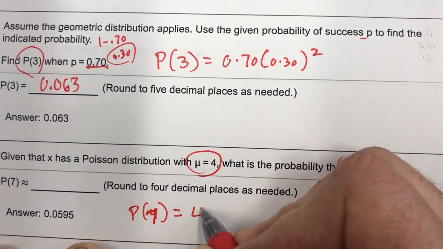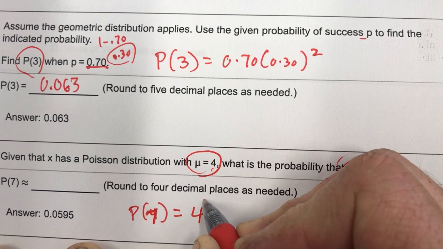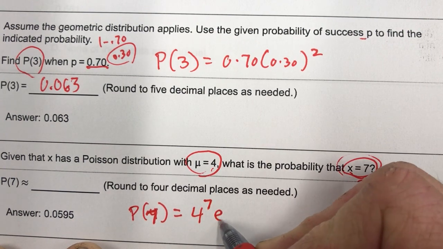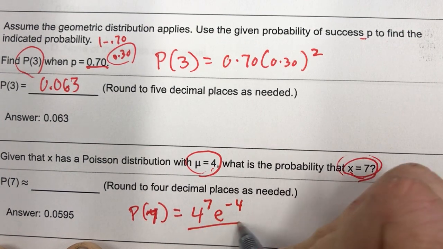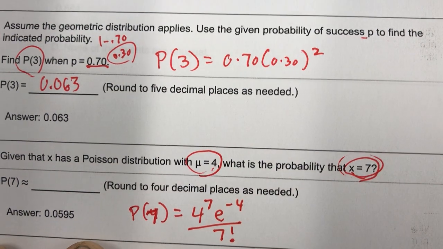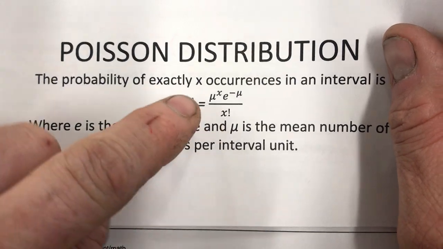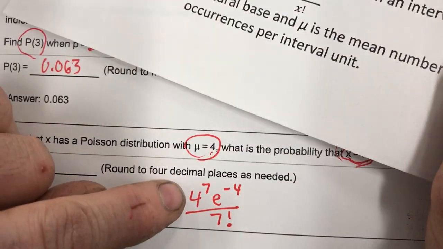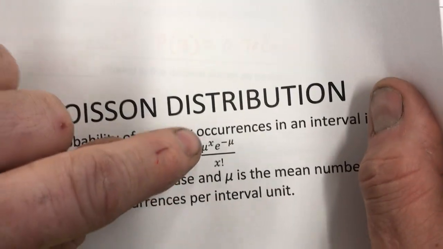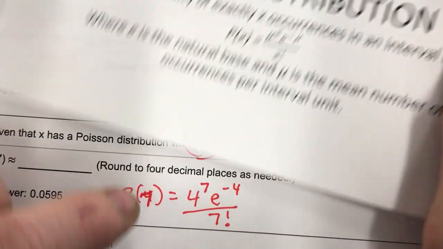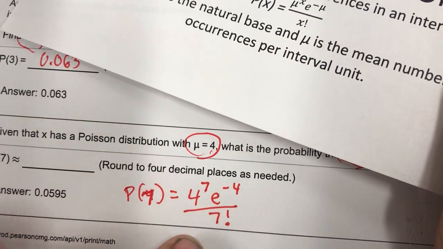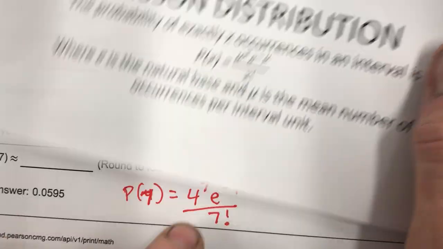All right, so it's going to be 4 to the 7 power times e to the negative 4 power divided by 7 factorial. Okay, so we're just using this right here. Mu to the x power, so mu is 4 to the 7 power. And then I have e to the negative mu, which mu is 4, so negative 4, and then x factorial there in the bottom.